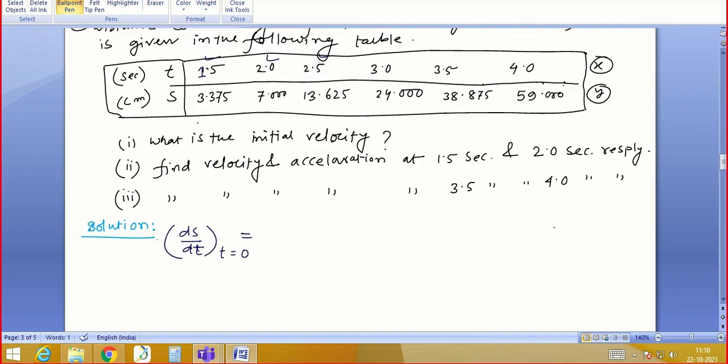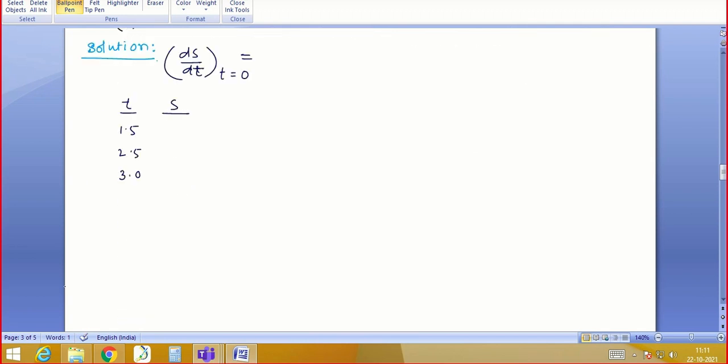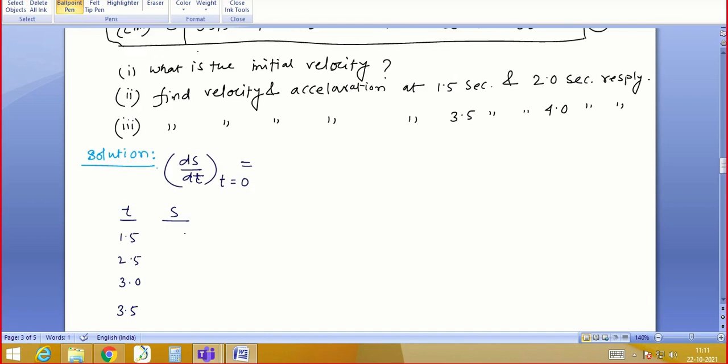Write down the T values and S values: T 1.5, 2.5, 3, 3.5, and 4.